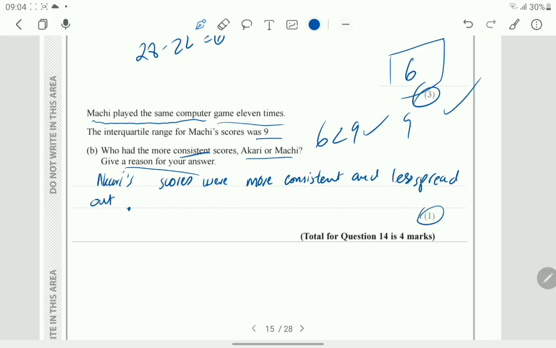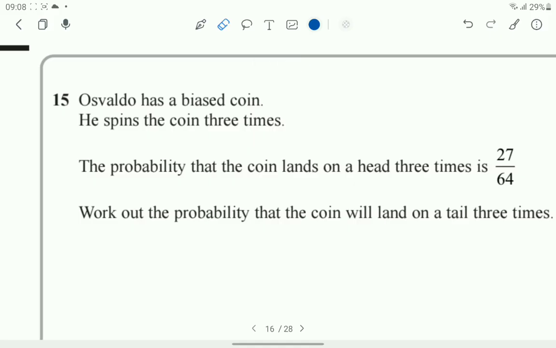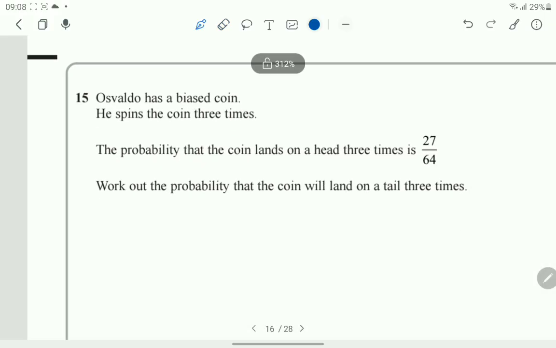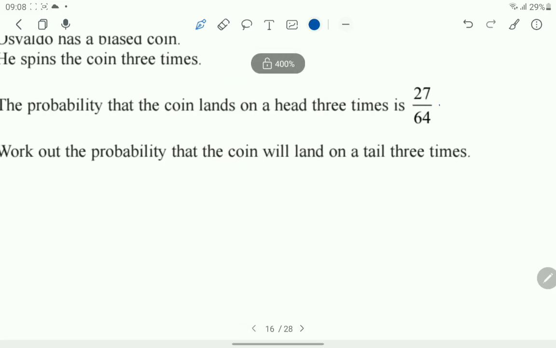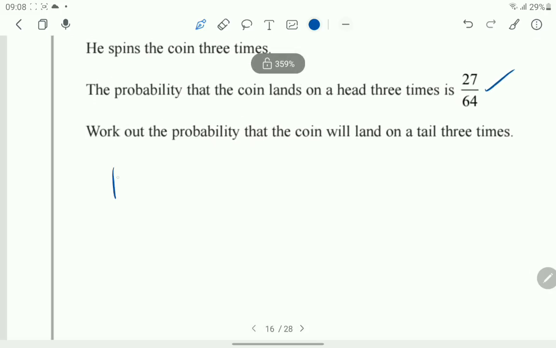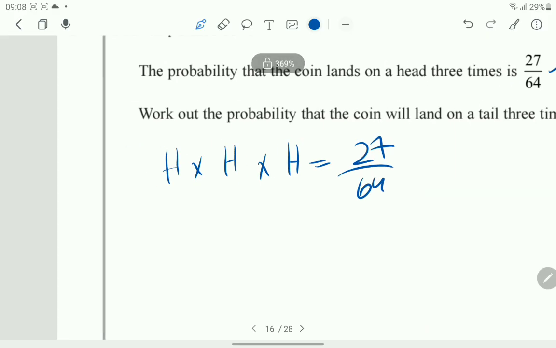So moving on. Question 15 tells us Osvaldo has a biased coin. He spins the coin 3 times. The probability that the coin lands on a head 3 times is 27 by 64. Work out the probability that the coin will land on a tail 3 times. So if he spins the coin 3 times, he gets head 3 out of 3 times, and the probability of that happening is 27 by 64.